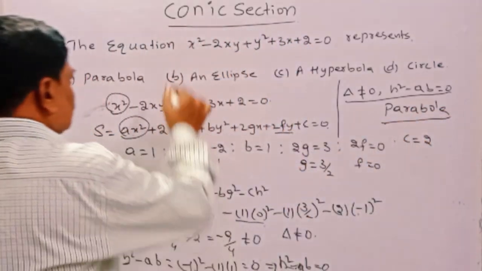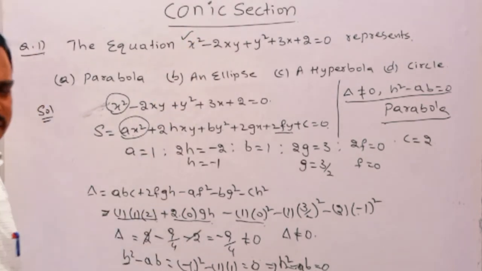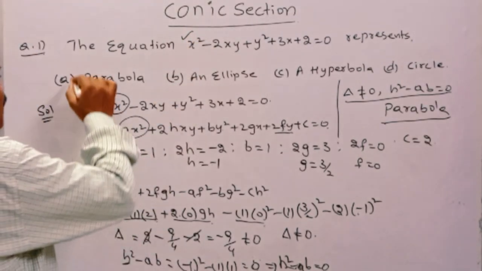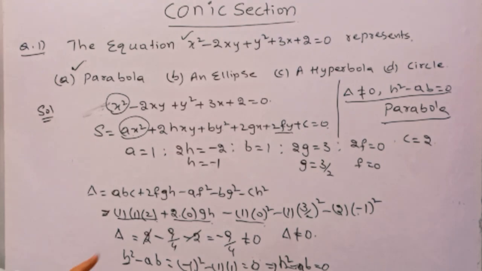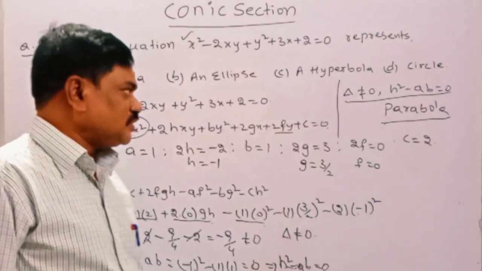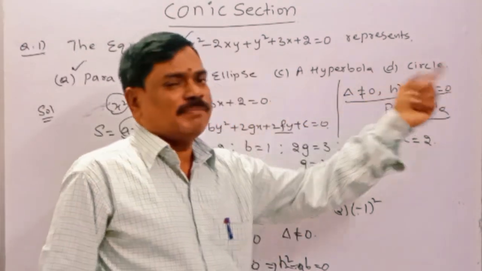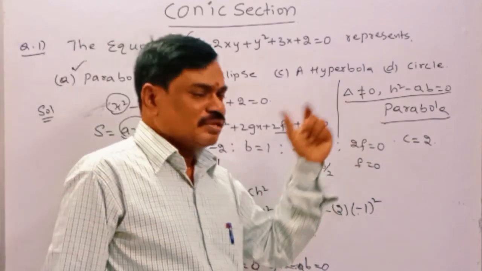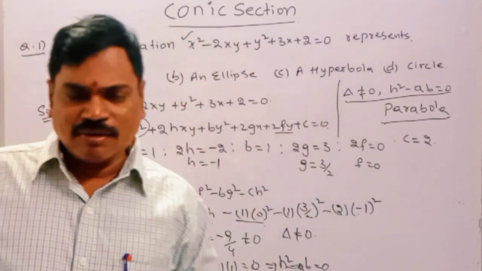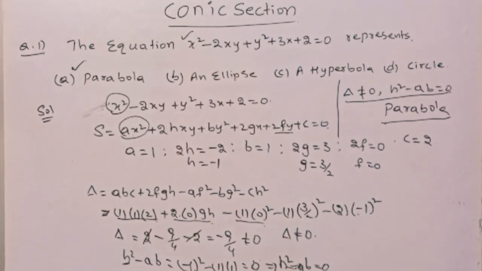So this given conic equation represents the parabola equation. Why? Because delta not equal to 0 and h square minus ab is equal to 0. So the given conic represents the parabola equation.